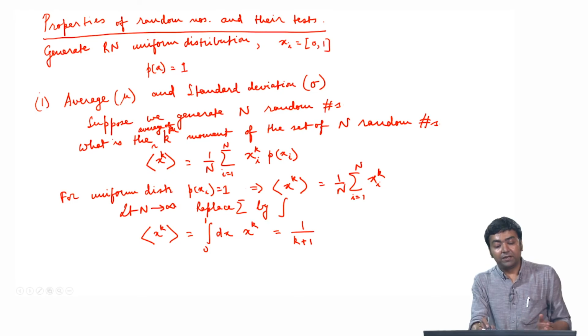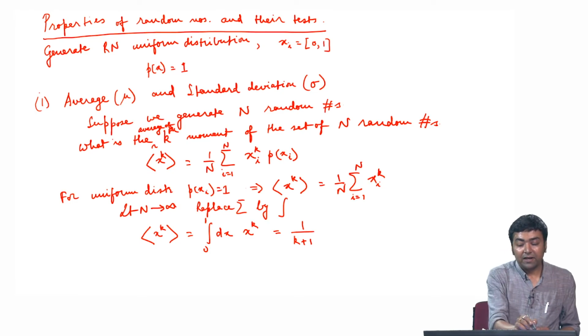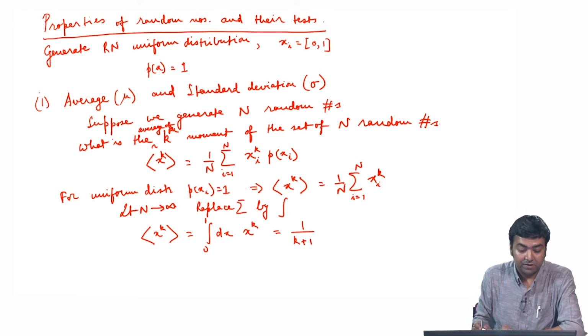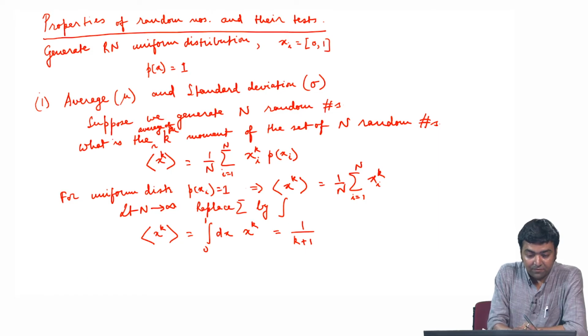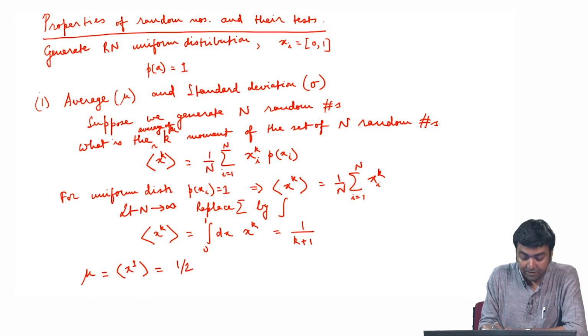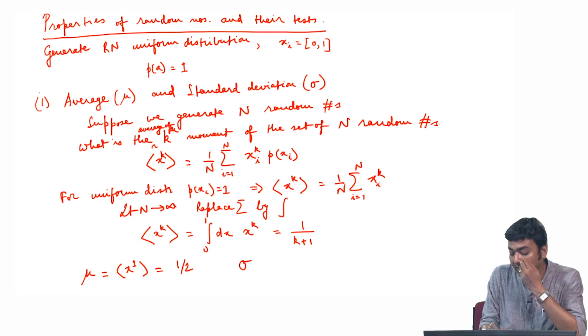Now, what is the average value of this distribution? The average value mu of this distribution is nothing but the first moment, x to the power 1, and that is given by half. In a similar way, what is the standard deviation?